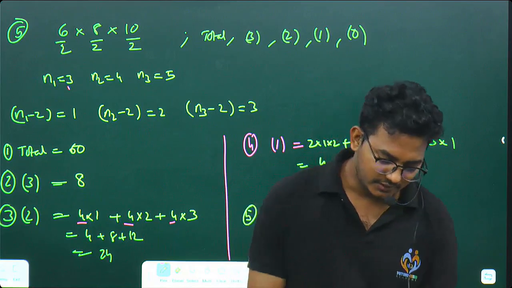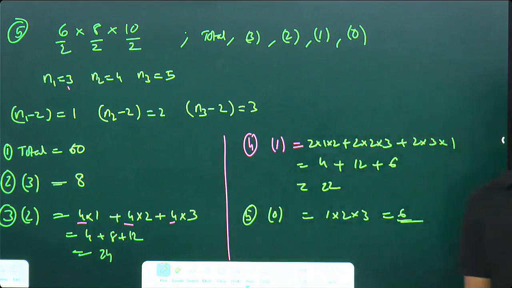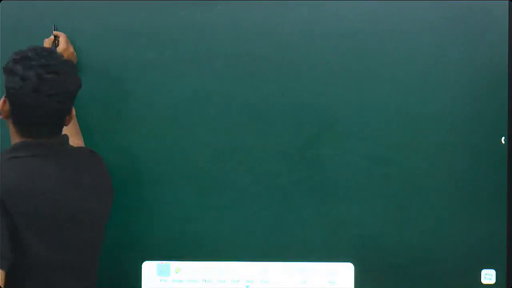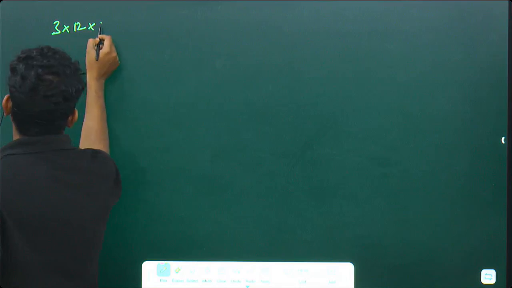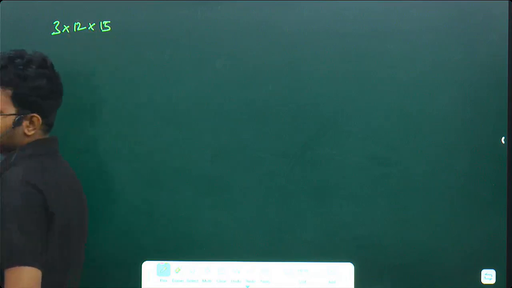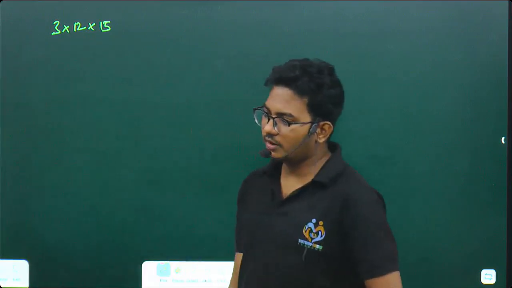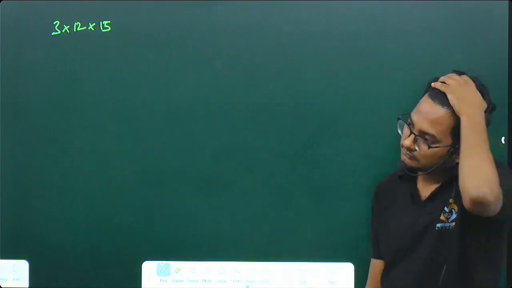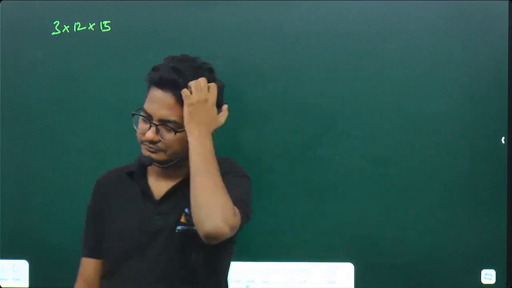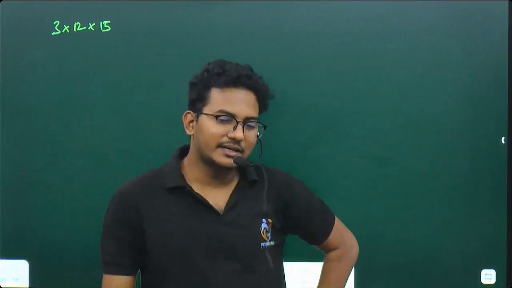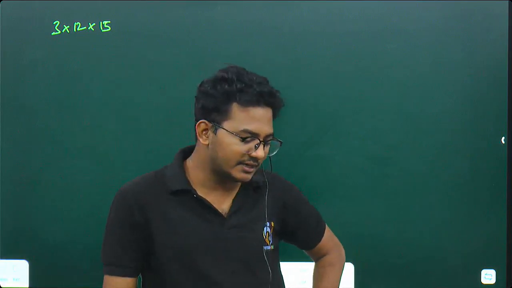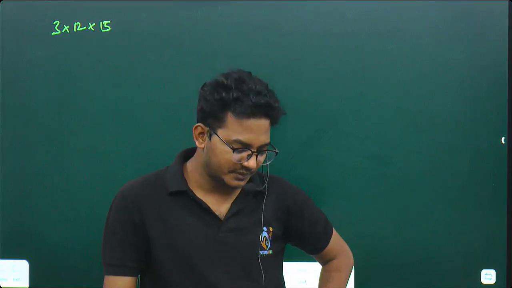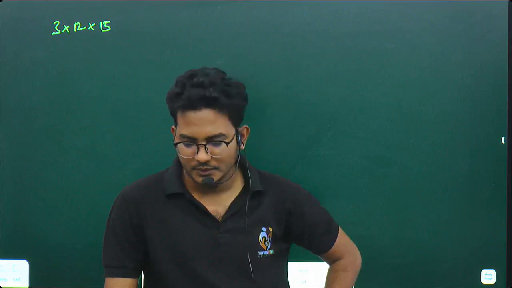A cuboid of 3 into 12 into 15 is cut into smaller cubes of 3 centimeter length.